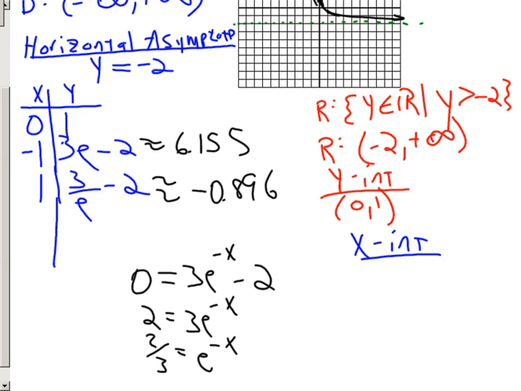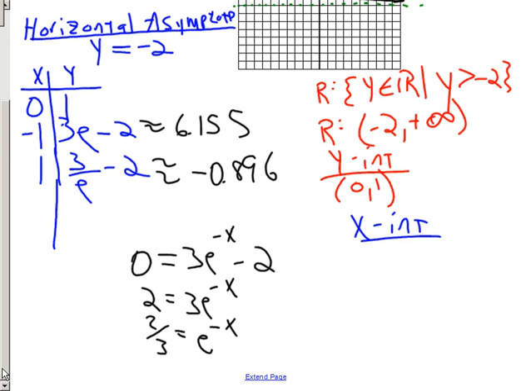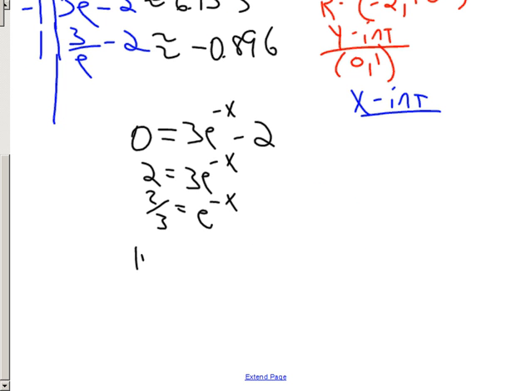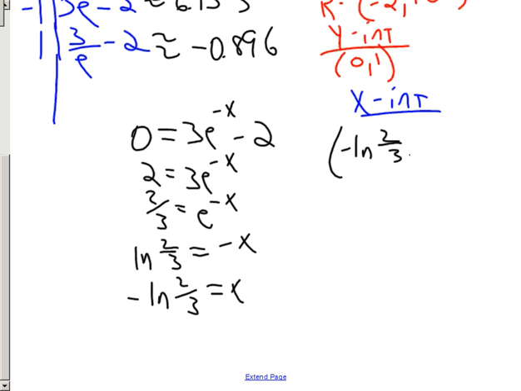In order to get rid of an e raised to, we're going to take the natural log of both sides. You get the natural log of 2/3. This will drop down to just be -x. You get the negative sign to the other side. And there's what the x-intercept's going to equal. Negative natural log of 2/3, comma, 0.